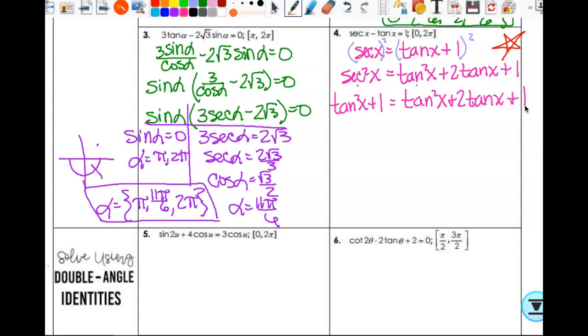So now I have it all in terms of tangent. I have a quadratic, so I want to set it equal to 0. So when I subtract tangent squared from both sides, those 0 out, right? That's nice. It's no longer a quadratic. When I subtract 1 from both sides, those both 0 out. So I'm left with 0 equals 2 tangent x.